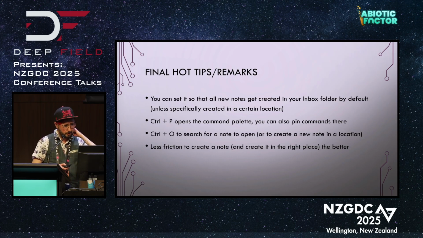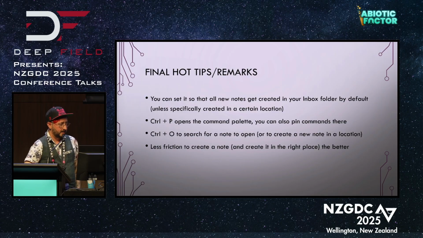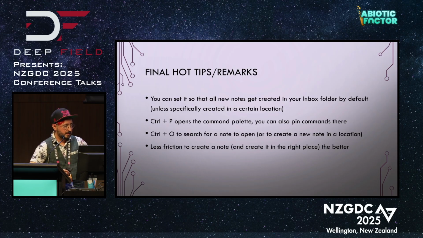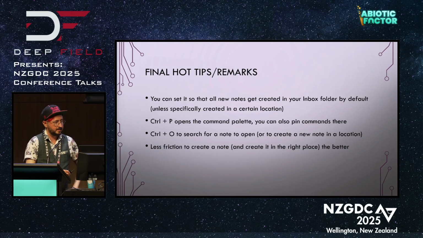Anyway, final hot tips and remarks. Basically, my big thing is the less friction you have to creating a note for something and creating it in the right place, the more organized you'll probably stay. I say probably because even I sometimes, my inbox folder in my personal vault has a few things in it that I should put somewhere, but I just haven't yet.